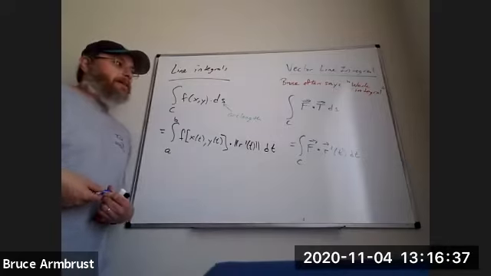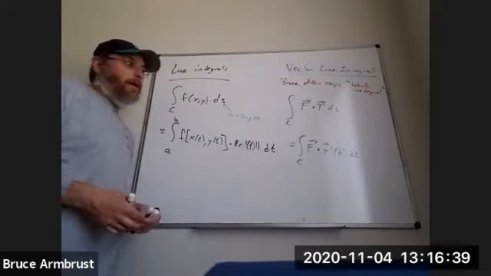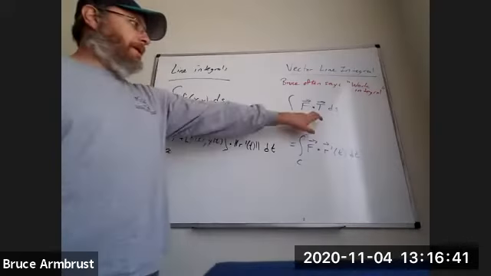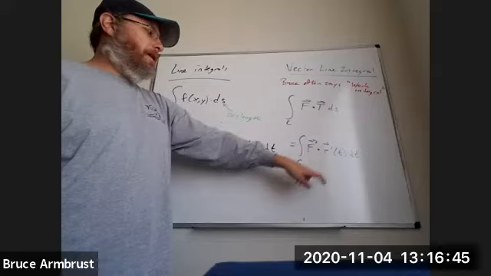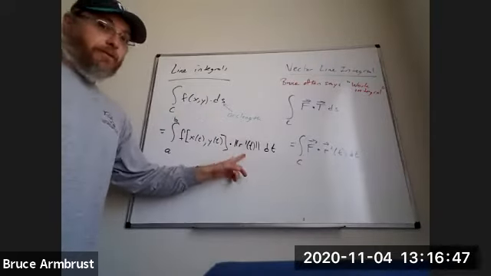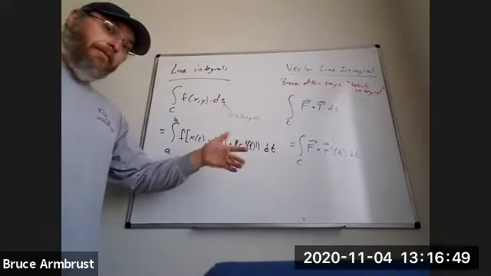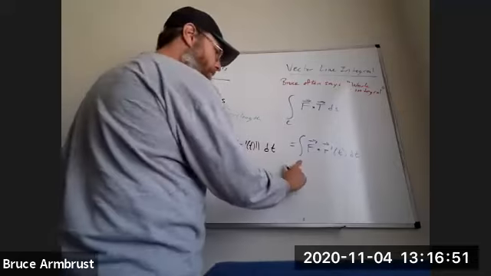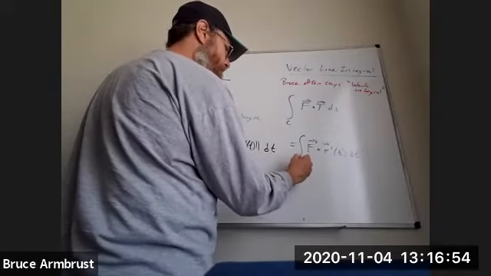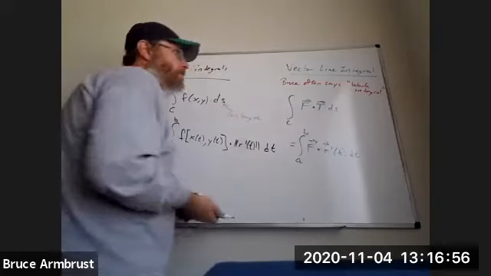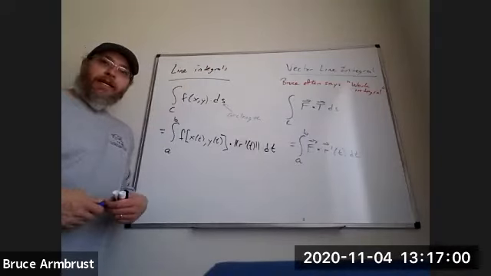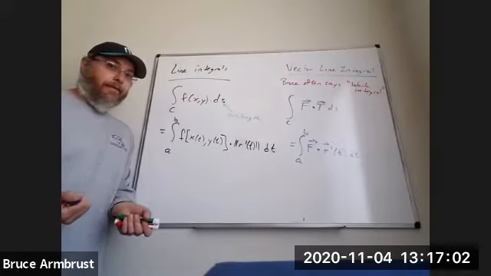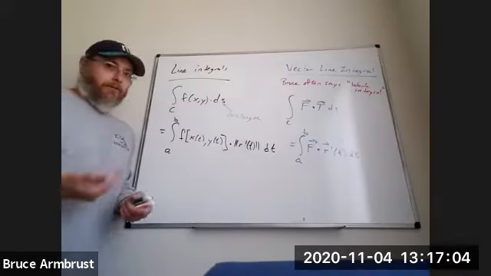The reason that it's just an r prime is that big T, of course, is r prime over the magnitude of r prime, but that magnitude of r prime cancels with the Jacobian magnitude of r prime, so it goes away. I'll actually put these as a and b. But this is the more practical form for that one. Again, we need to parameterize our path, and then we can dot it and go.